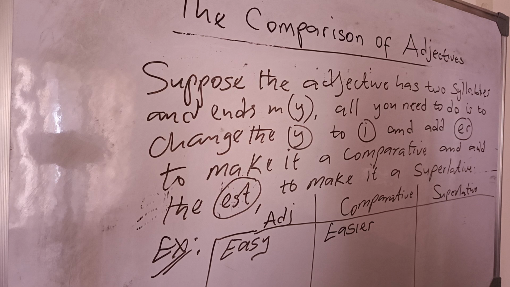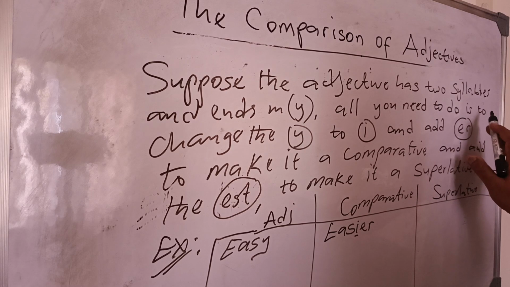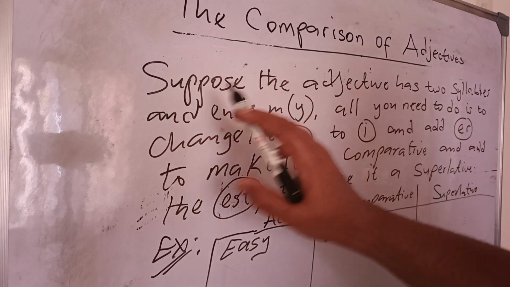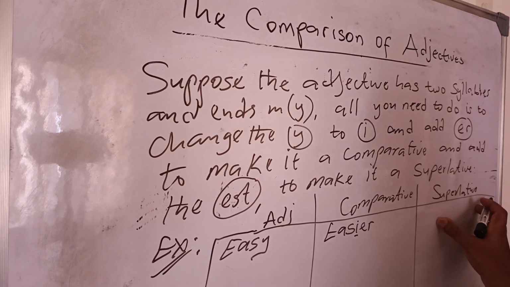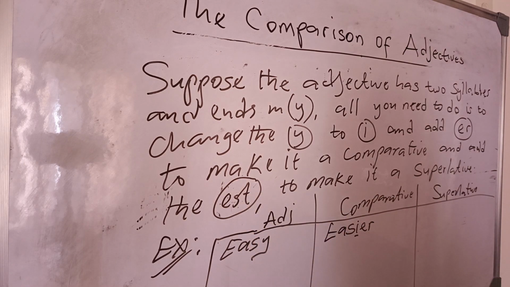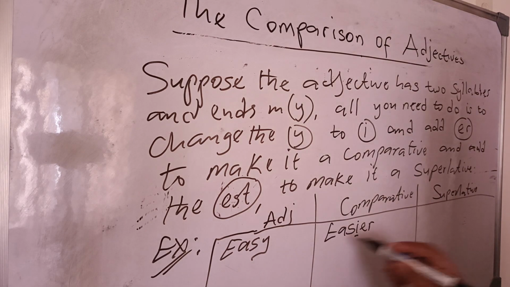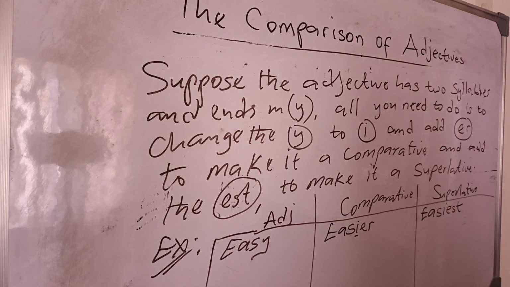Easier. Because the y was changed to the i, and er was added to form the comparative. To form the superlative, we have to add the est. So now easier will become what? The easiest.